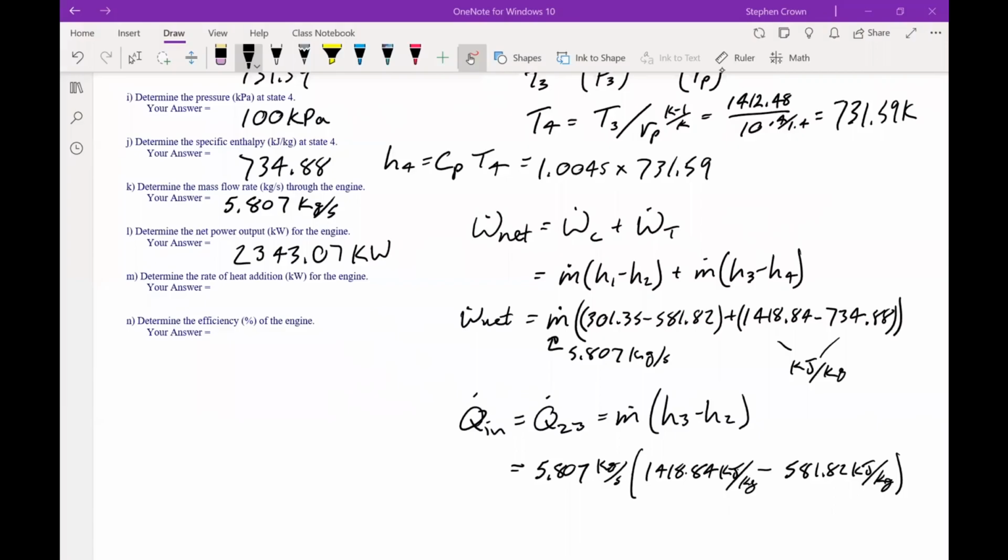That gives me 4,860.5 kilojoules per second or kilowatts.